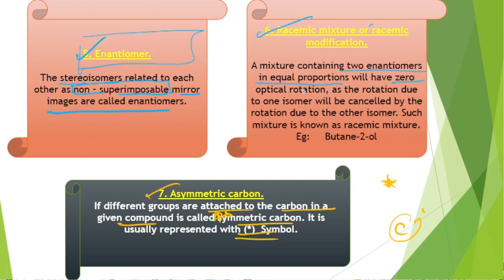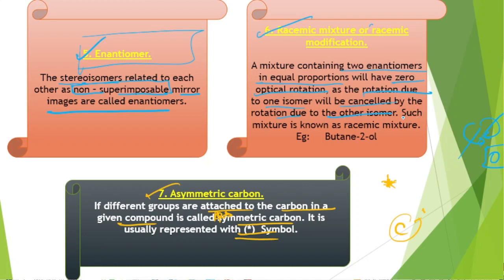They will have zero optical rotation. If one isomer is rotating, the other isomer rotates in the opposite way, so the rotation of one isomer is cancelled by the rotation due to the other isomer, and it becomes zero rotation. So only they have zero rotation.